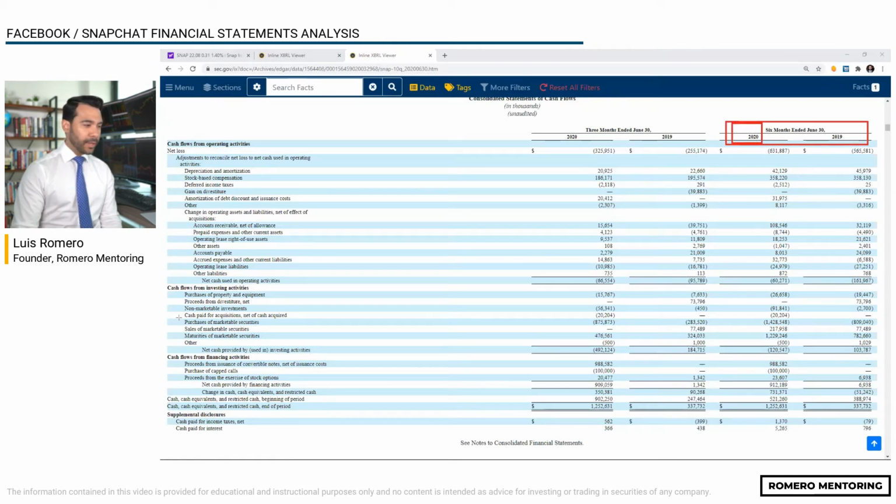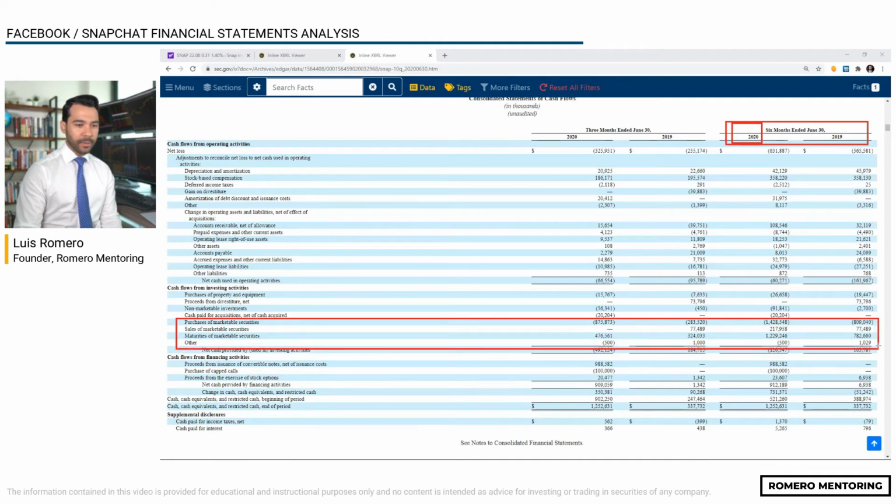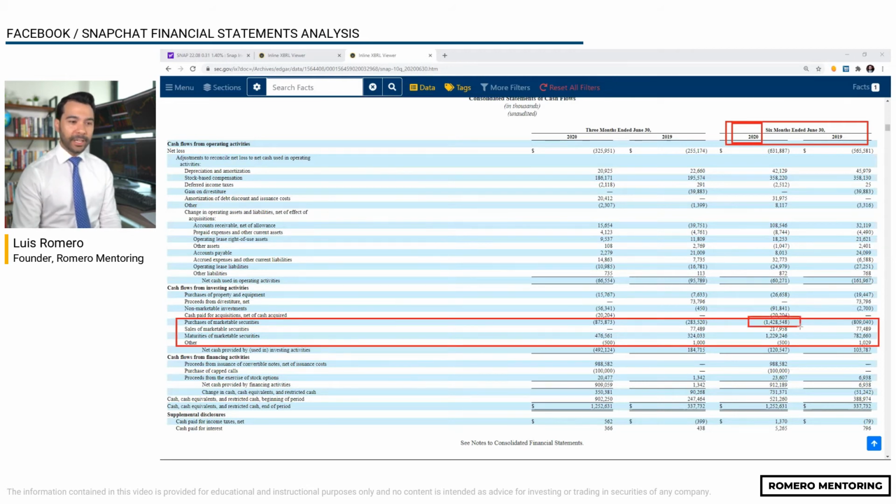Look at their purchase of marketable securities and the maturity of those assets. So in 2020, they bought so far 1.4 billion in marketable securities, and you can see here the net proceeds of selling their marketable securities around 1.4. So the net amount is probably 0. So they're still engaging in that operation in 2020 year to date.